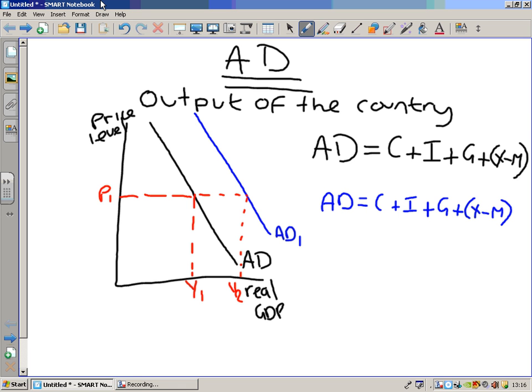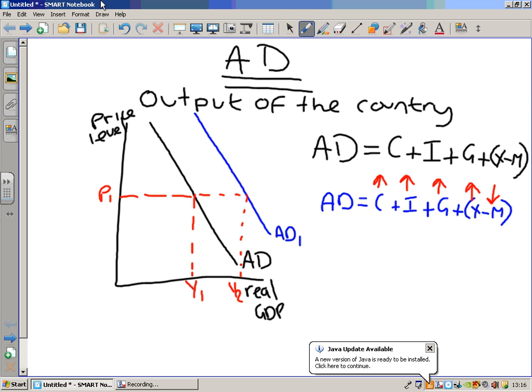So for example, consumption might have gone up. Investment might have increased. Government spending might have increased. Exports might have gone up, or imports might have gone down. Of course, what we might have is a combination of these different things. So let's think very quickly about what might have created some of these different letters to change.